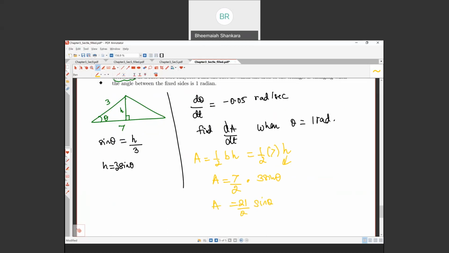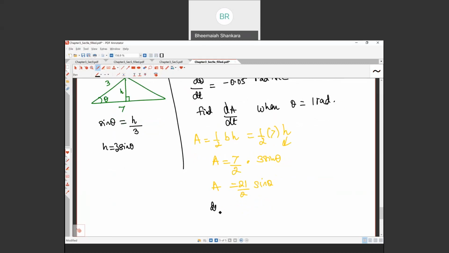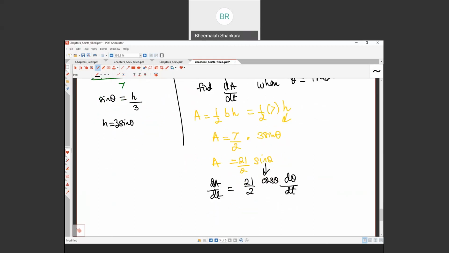So let's differentiate this. dA over dt equals 21 over 2, the derivative of the sine function is cosine, times the derivative of theta, which is d theta over dt. Now start plugging in the values.